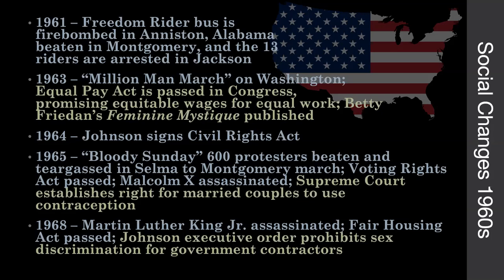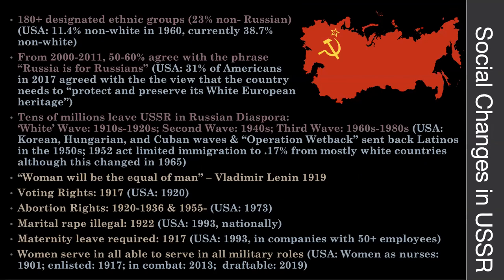I think 68 is probably the most important election of our lifetimes up until 2016, in living memory anyway. We'll talk about that in a little bit. And Johnson passes an executive order limiting sex discrimination.